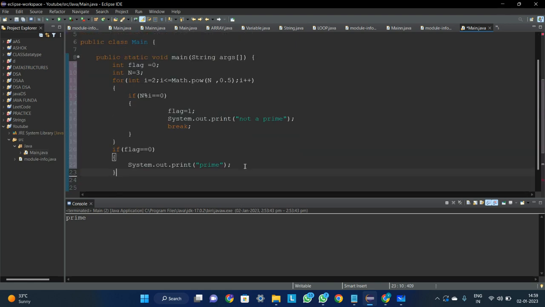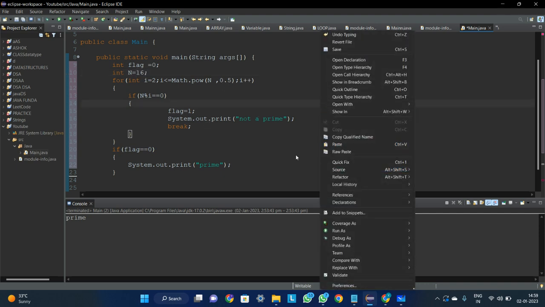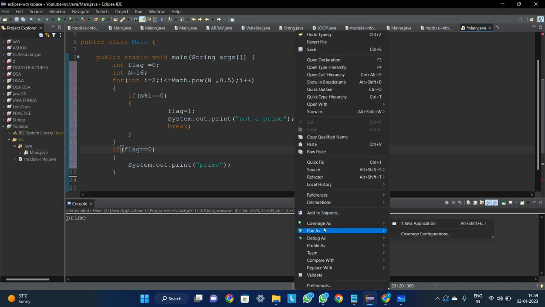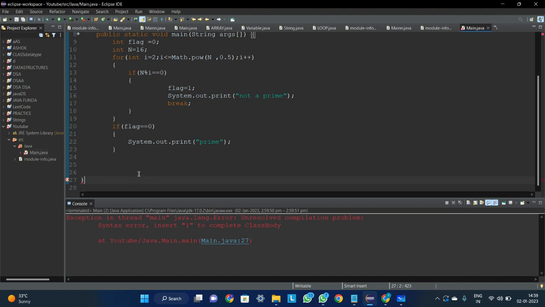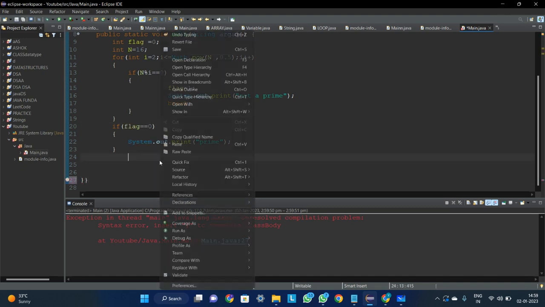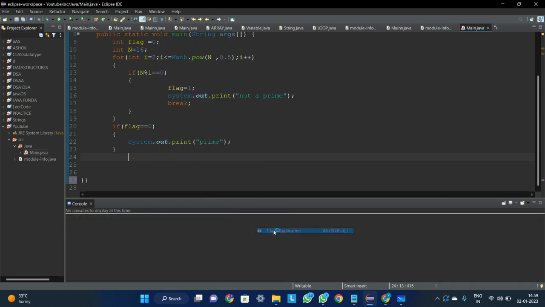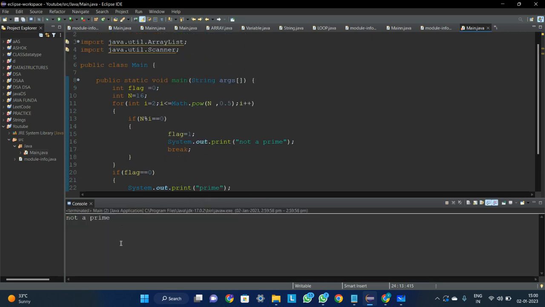Math.pow with 1 by 2, that is 0.5, is nothing but the root. So Math.pow of n, for example I'm taking 16, with power 0.5, that is a math power function. So I'm running here. Wait, I'm adding one. Okay, now the code is perfect. Yeah, 16 is not a prime.